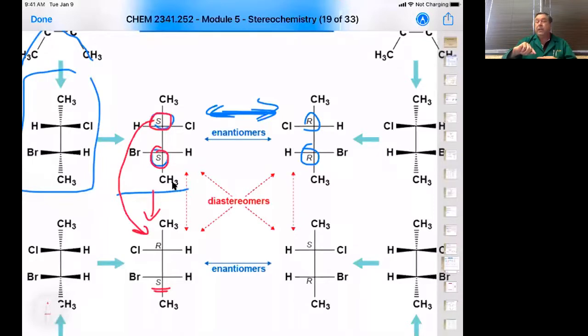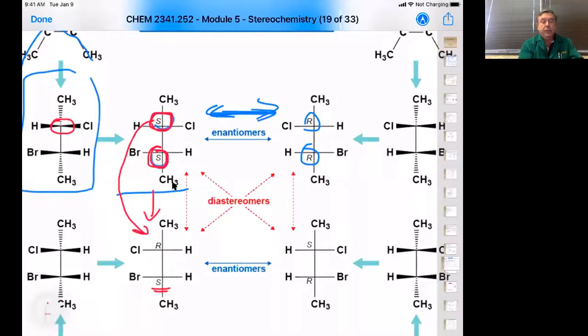Remember, we changed it from R to S, so it can't be an enantiomer because they're no longer superimposable mirror images. But you can know that. They're already assigned as S and R on this right here, but we could also go to this right here and assign it. I could use my hand to assign it, and we have 1, 2, 3, which is counterclockwise, which is S. Okay.